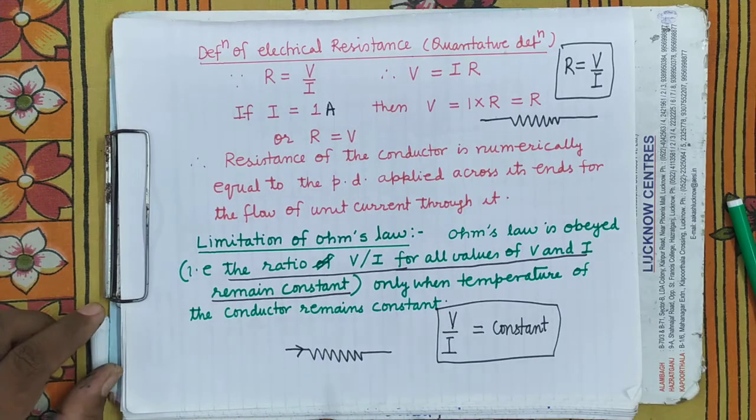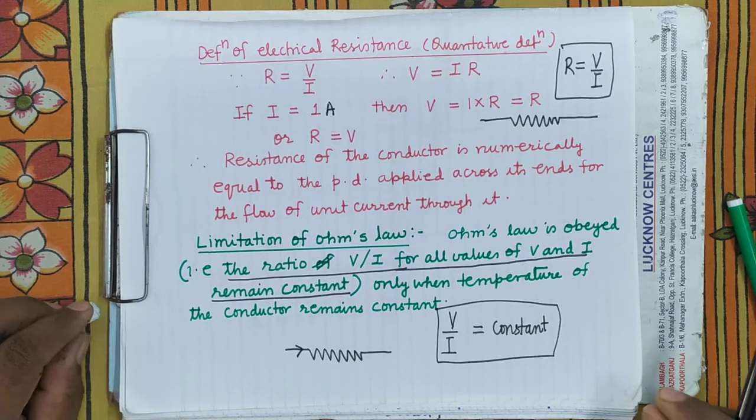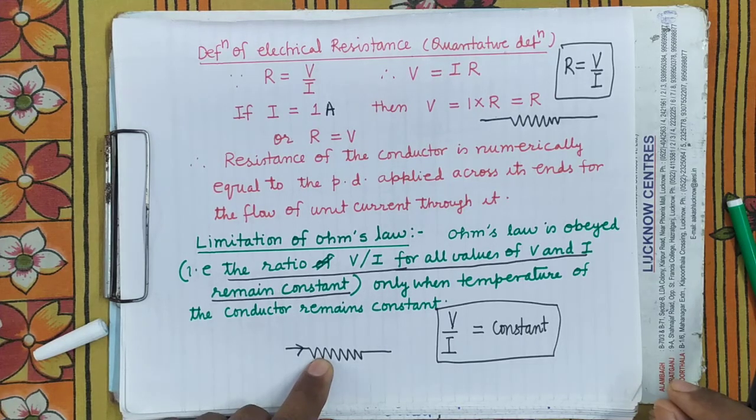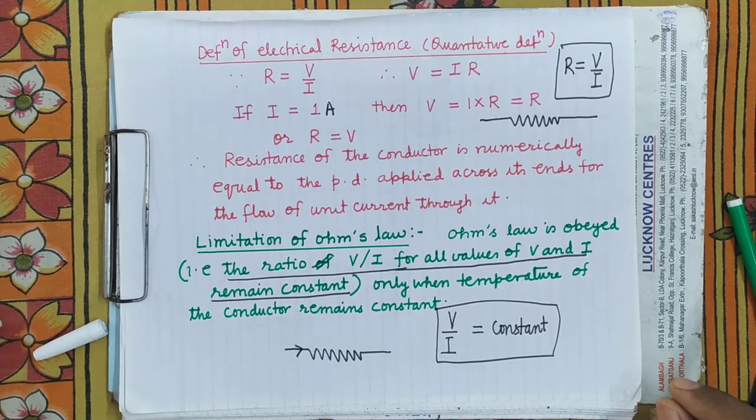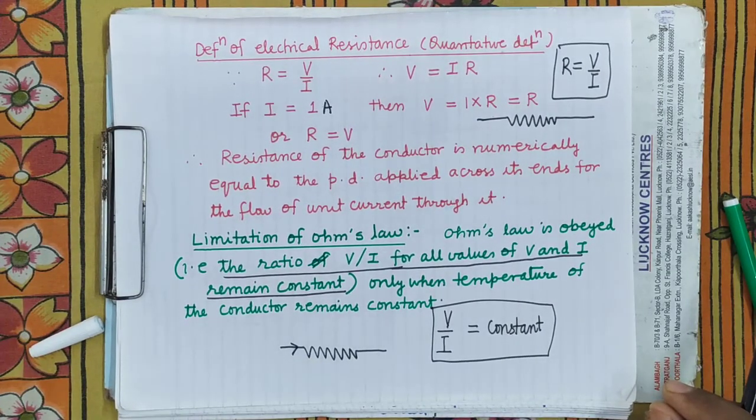As soon as the temperature varies, and quite obviously it will vary. Why? Because when current flows, the conductor offers resistance in the flow of current, due to which heat energy will be liberated. I have told you in the previous lecture, because of the resistance, free electrons lose their energy, and that energy is liberated in the form of heat energy.